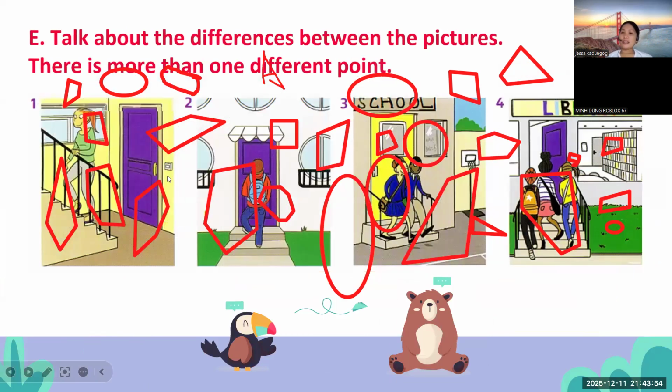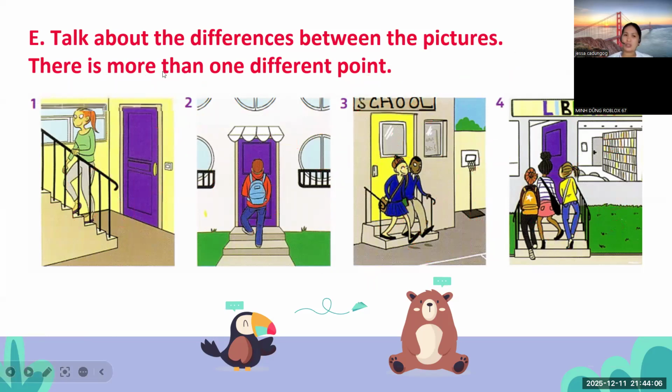Now, Potato, look here. I have another picture, and I have a question for you. Let's talk about the differences between the pictures, and there is more than one difference. How about picture 1, picture 2, picture 3, and picture 4? What are the differences that you can see? So many pictures.